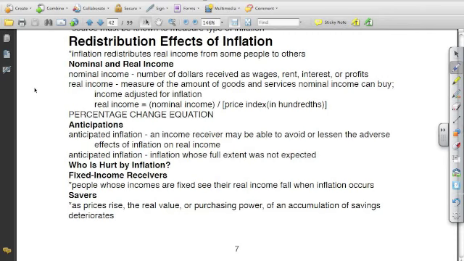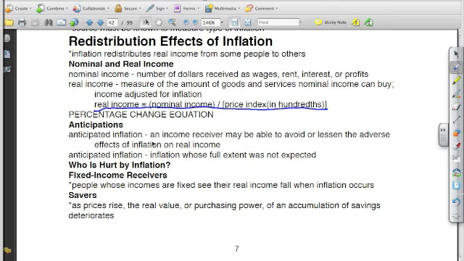Once again, it's the same idea as taking nominal GDP and adjusting for a general change in prices to get real GDP. Instead, now we're just talking about nominal income and real income. So to find our real income, we take nominal income and divide it by the price index in hundreds.